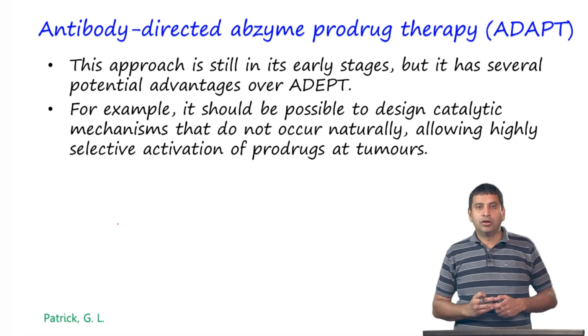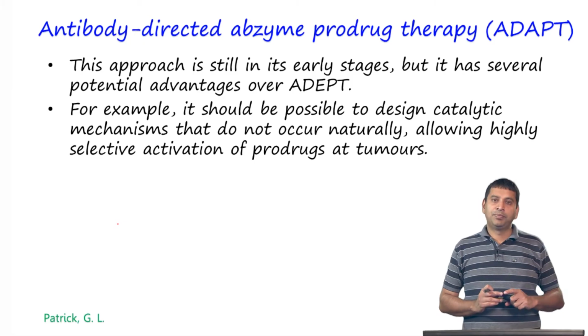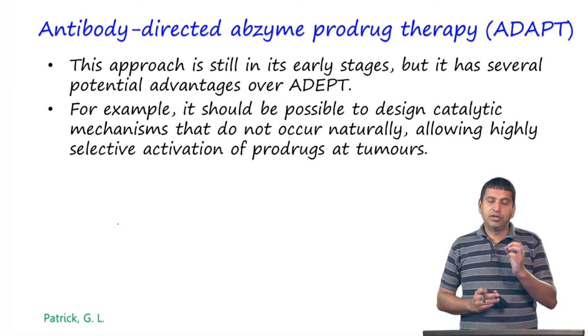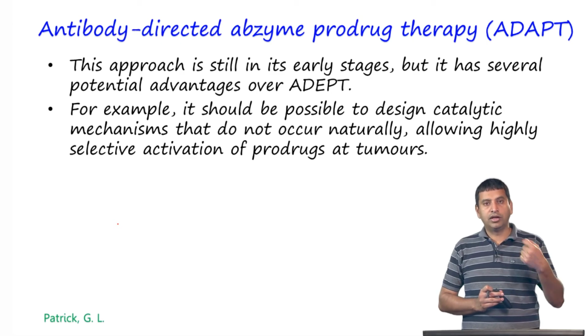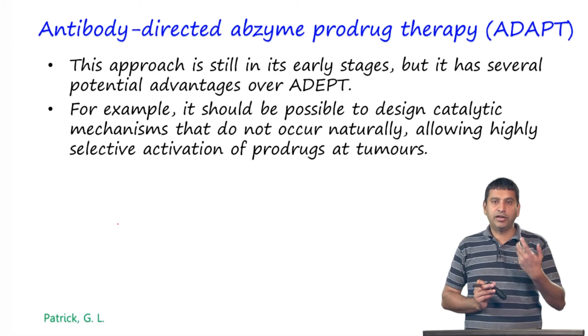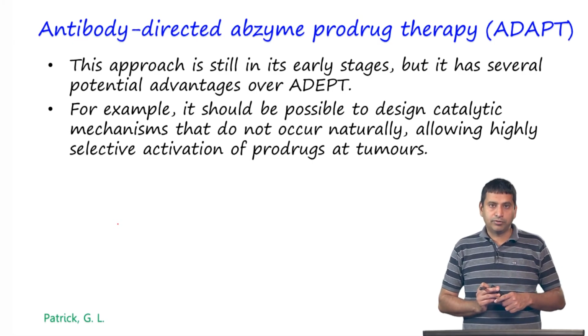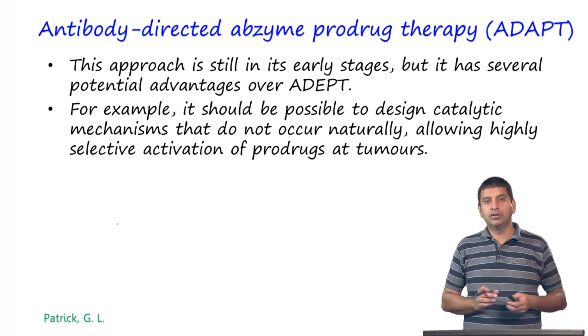Of course, this approach is still in its very early stages, but it has several advantages over ADEPT. For example, it should be possible to design a catalytic mechanism that does not occur naturally. If you have a good understanding of how antibodies work, then you can use this understanding to design new catalytic mechanisms. It also allows for highly selective activation of prodrugs at the tumor site.